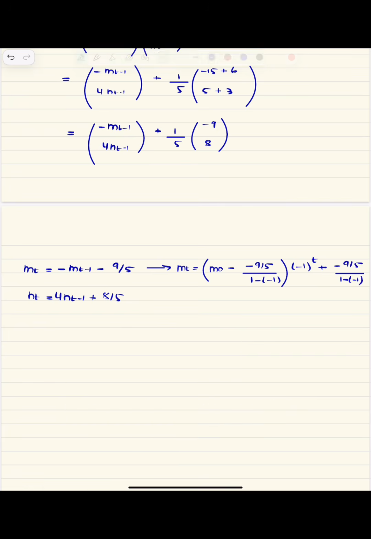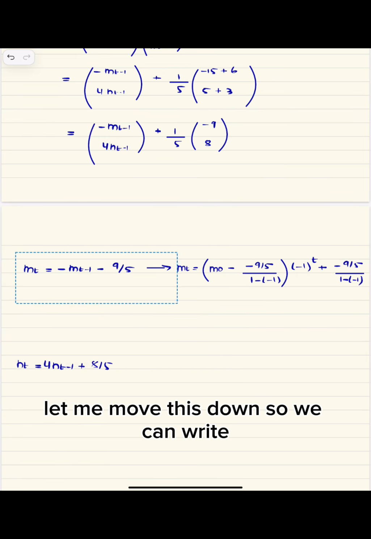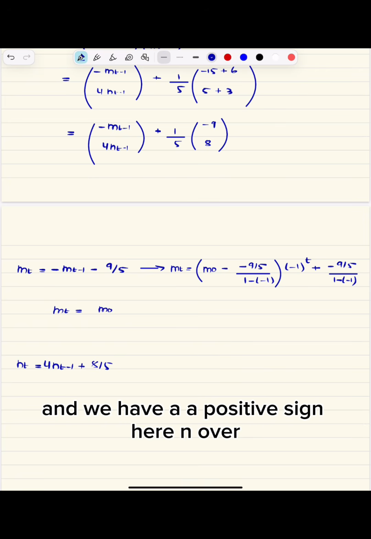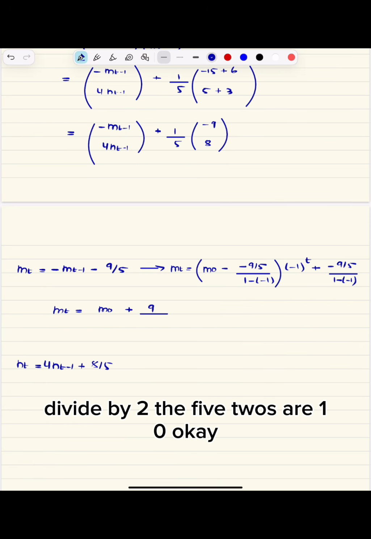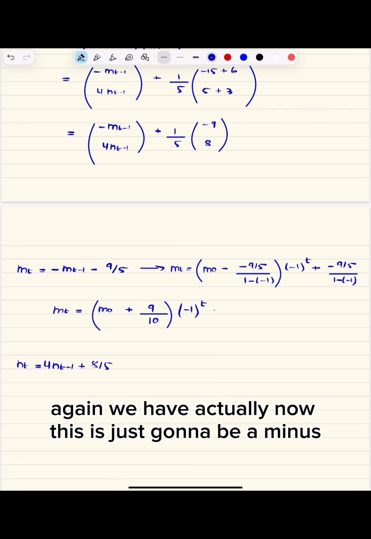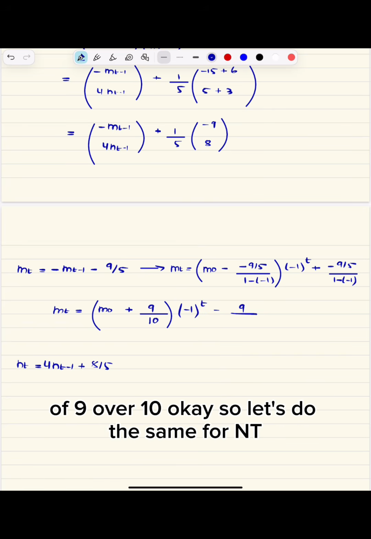Okay, let me move this down so we can write the solution of m_t. m_t equals m naught, and we have a positive sign here, and divide by 2, the 5 2s are 10. Okay, and then we have minus 1 to the power t, then again, actually now this is just going to be minus 9/10.